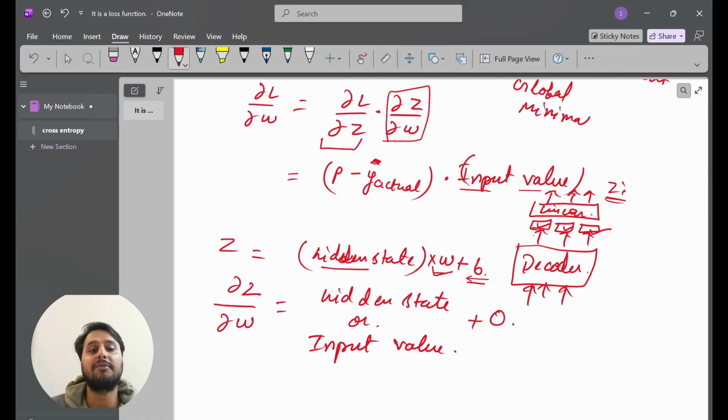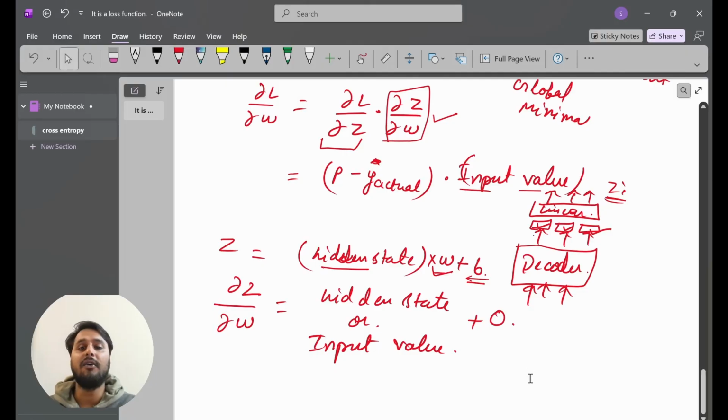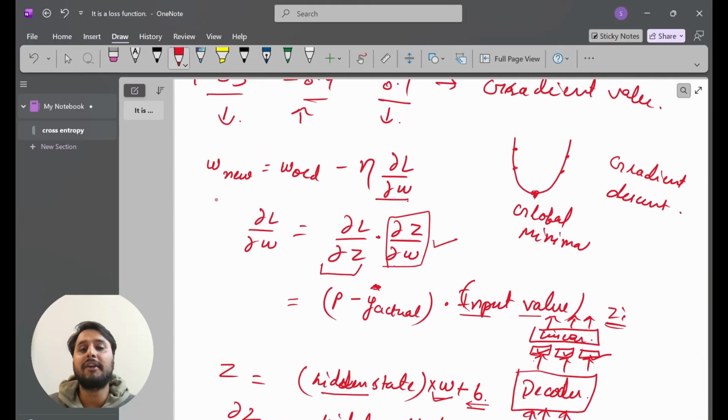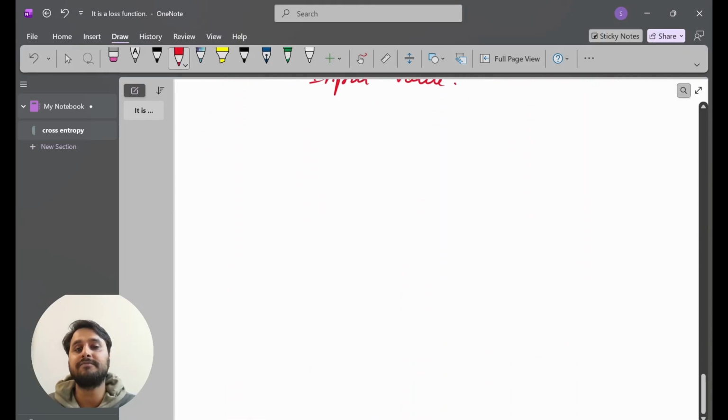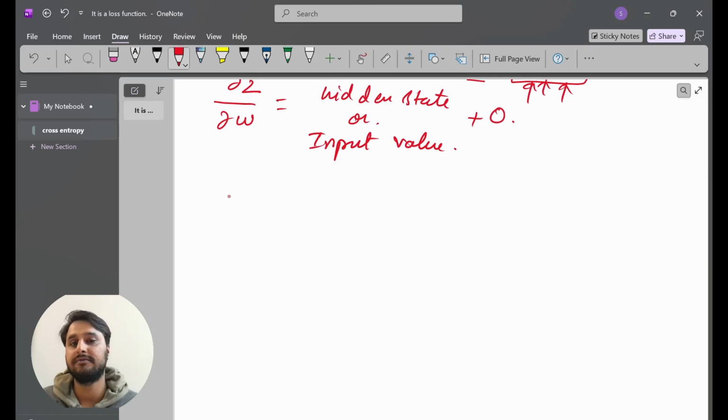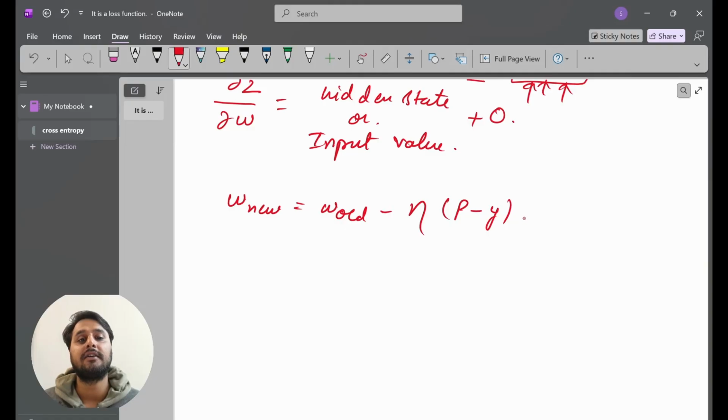So that's why I'm saying dz by dw is the input value. Now our weight update formula becomes: w new is equal to w old minus learning rate times prediction minus actual, multiplied by input value.